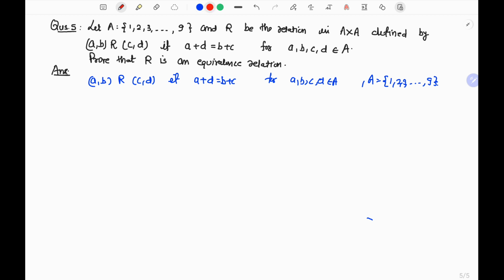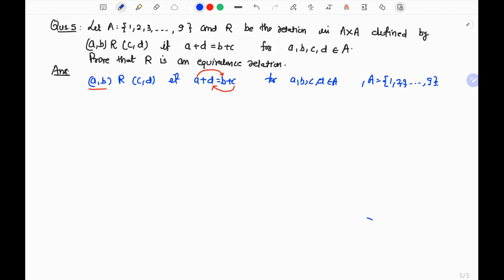If we see the given expression, the first ordered pair (a, b) is the first ordered pair in the relation. The X element is a and b is the Y element. Similarly, c is the X element of the second ordered pair and d is the Y element. So we have to remember this order.